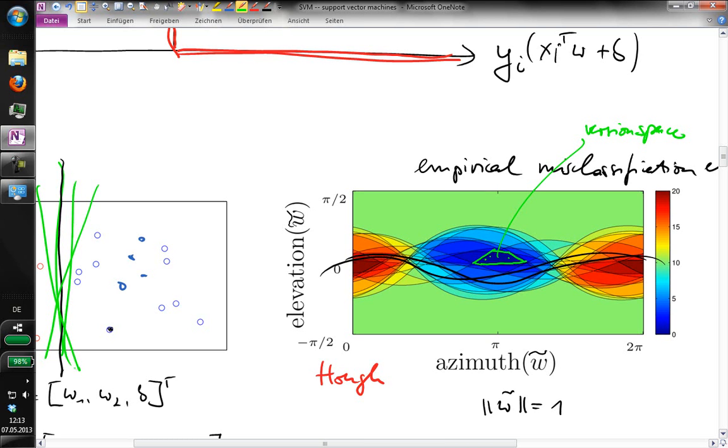And one recipe to choose one which is special is to say, okay, let's shrink this version space by giving a margin. And if I shrink it further and further, eventually I will be left with just one point, the point that's sitting, if you define it in that way, in the geometric middle of version space. So the point which has the largest minimum distance to any of the surrounding contours, and you can say that is a truly special solution.